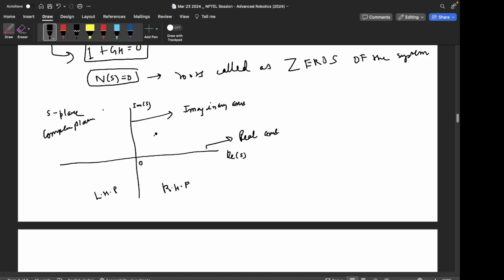So any pole or zero can be plotted here, right? A notation is that poles are represented by a cross, and using a circle we represent zeros, right? So just remember this notation, that will be useful for the subsequent discussions. So poles and zeros can be plotted in this plane, right?